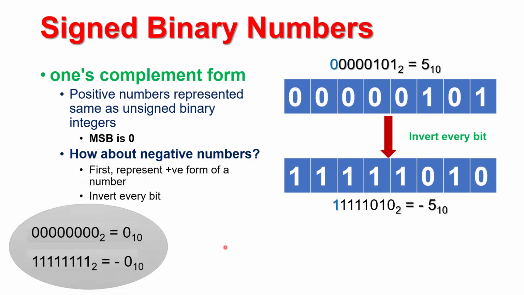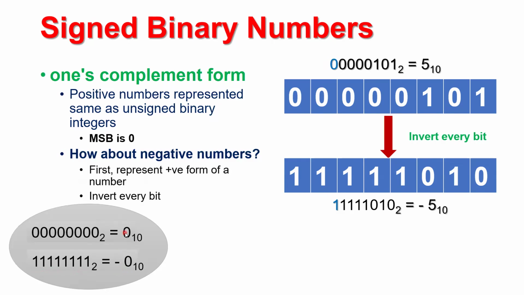How about representing 0 in one's complement form? This is 0 in binary, and in decimal this is 0. If we want to represent 0 using one's complement form, we are going to invert each of these bits. So all these 8 zeros will be inverted, and this will look like a word of 8 bits where all bits are 1. And then we'll put the negative sign here.